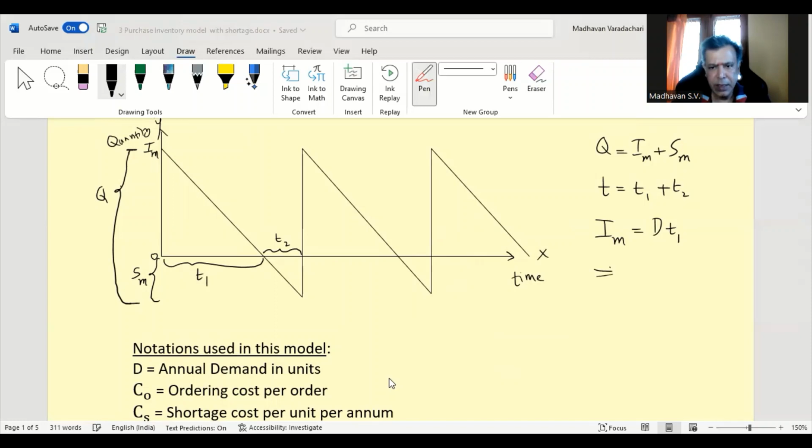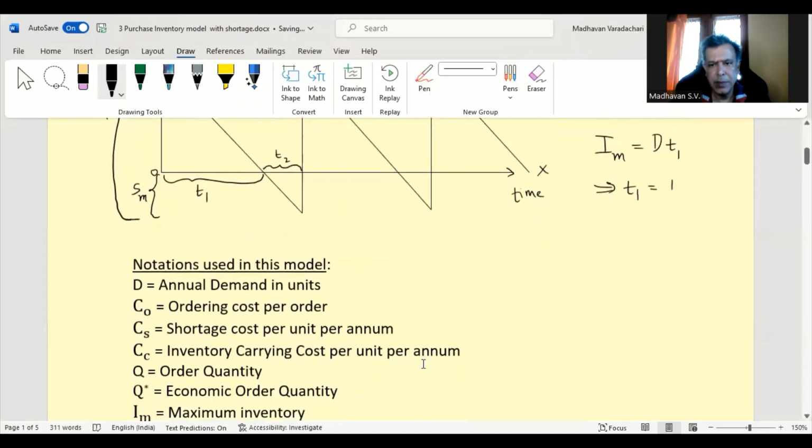That means we can rewrite T1 as IM divided by D. Similarly, our maximum shortage quantity will be D times T2, which means T2 will be SM divided by D. This is our period of positive stock, and this is our period of shortage.